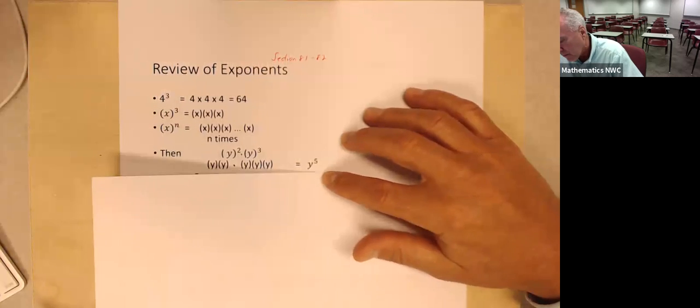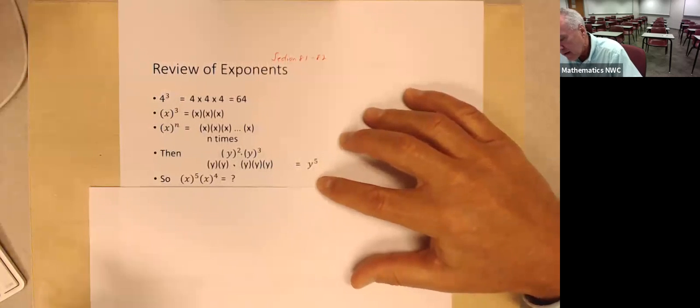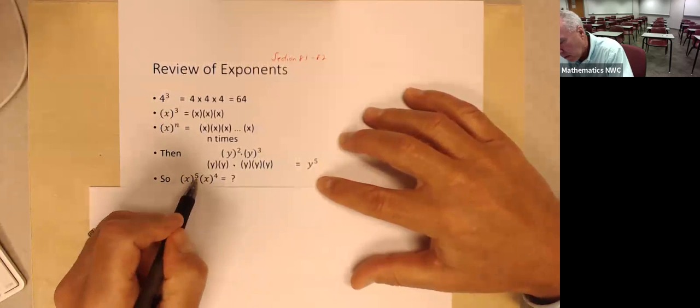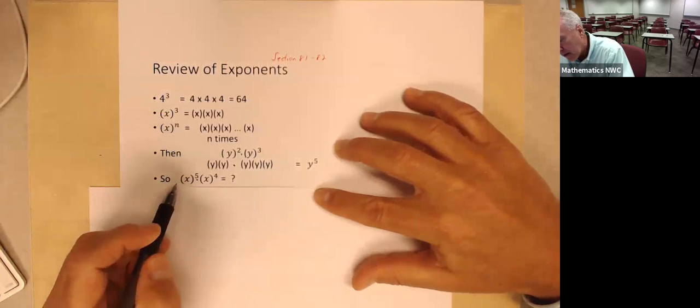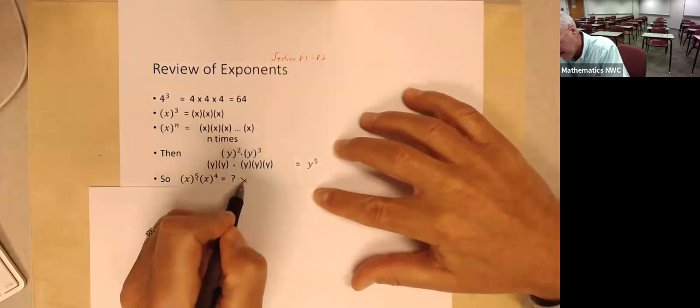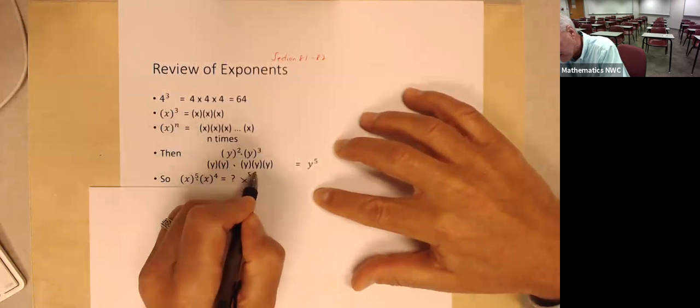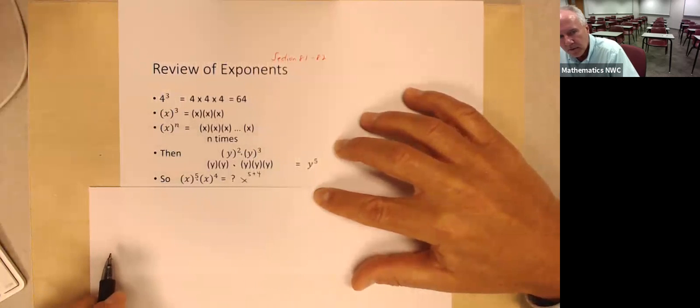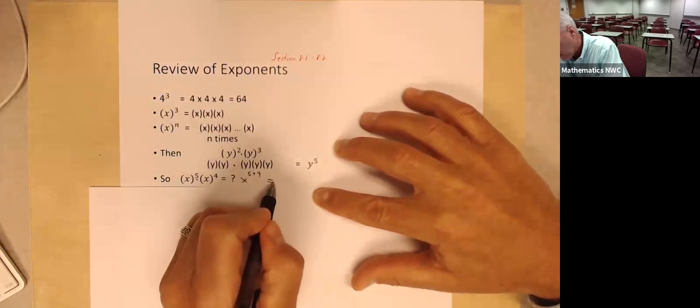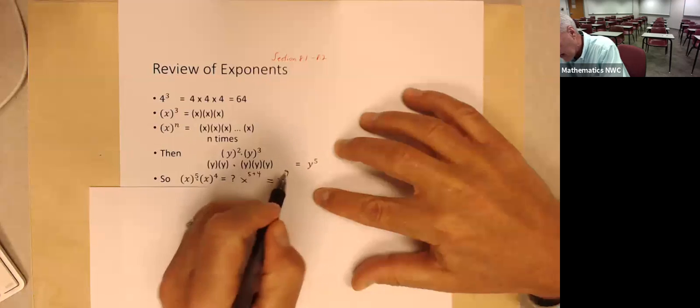That's why in this one, even though I'm multiplying here, I'm going to be adding the exponents. It's going to be x to the power 5 plus 4, or it's going to be x to the 9th power.